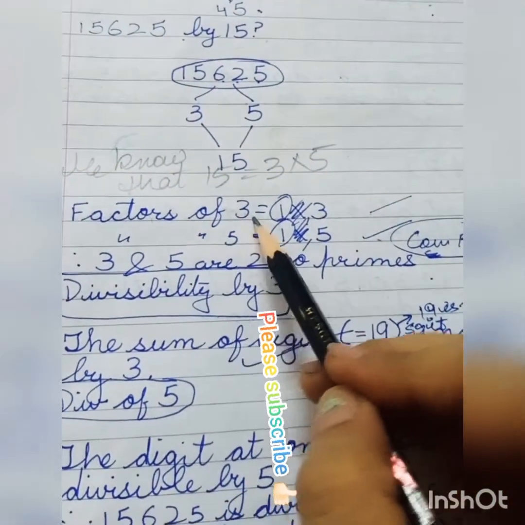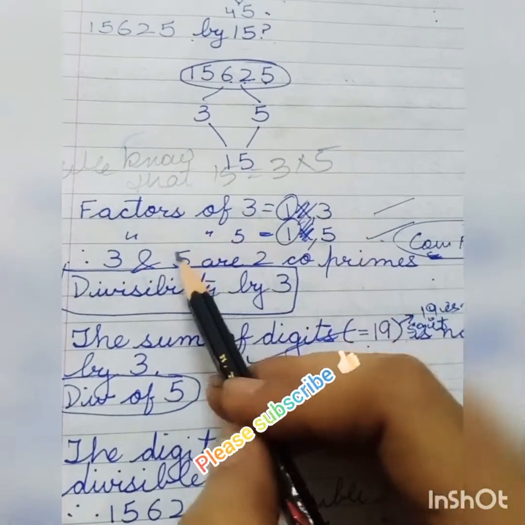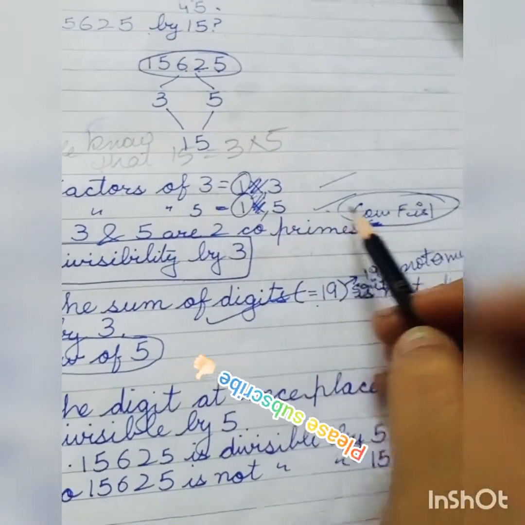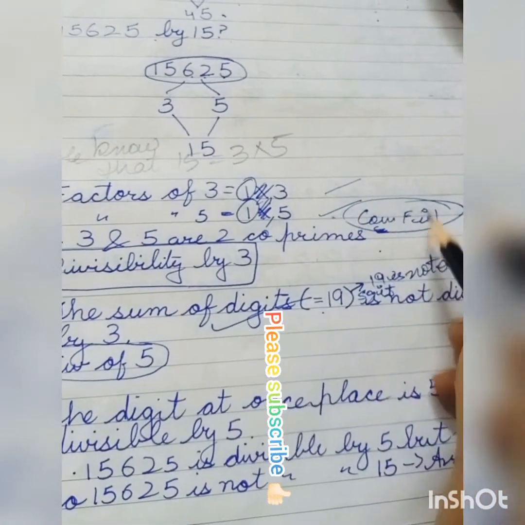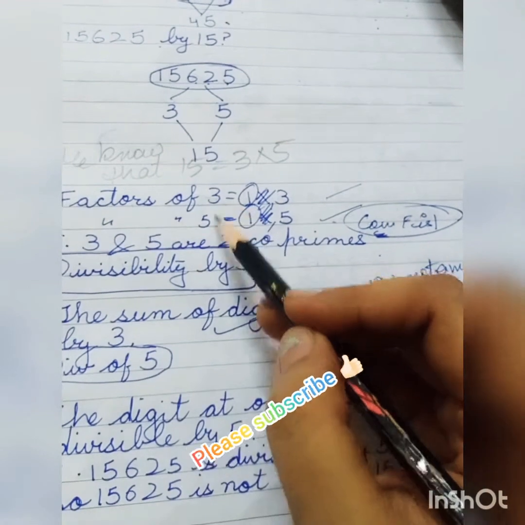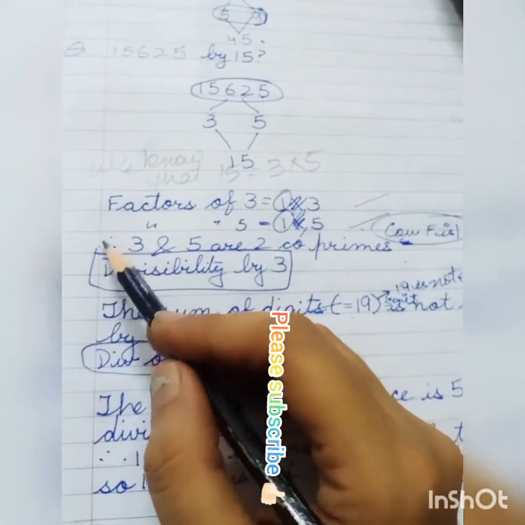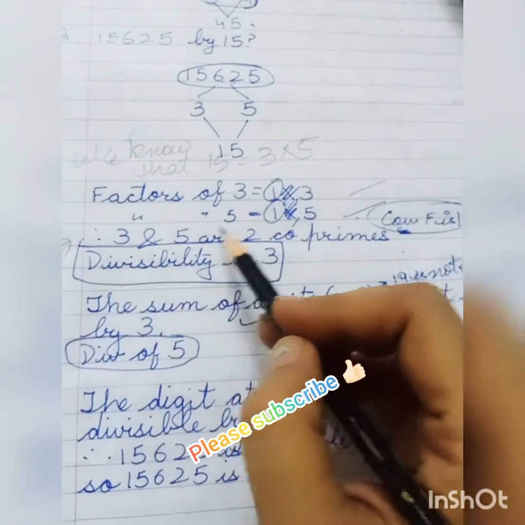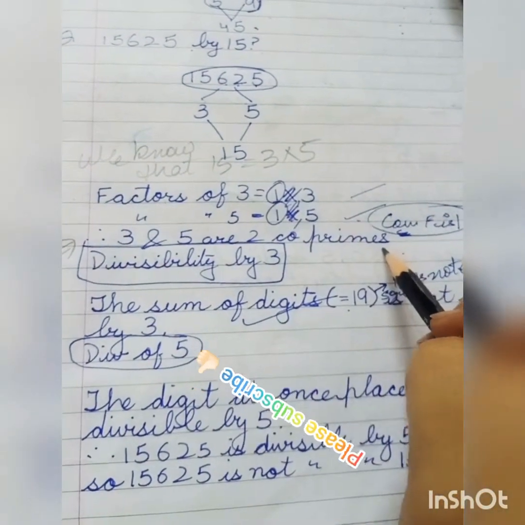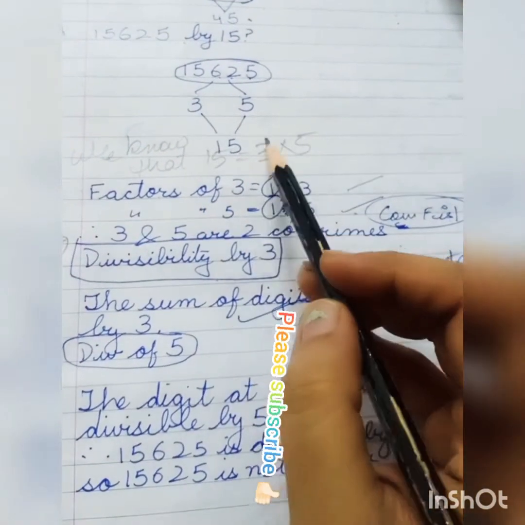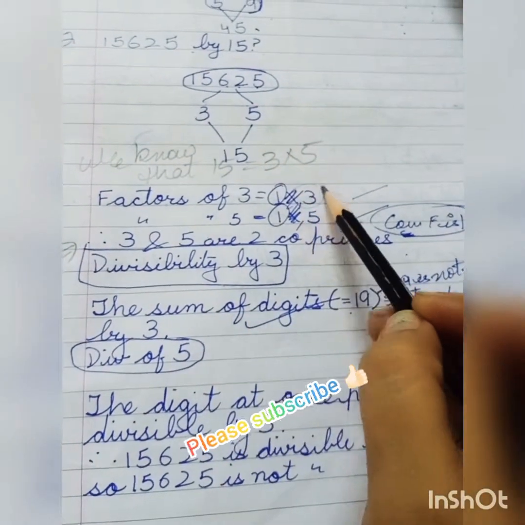Now what are the factors of 3? 1 into 3. Factors of 5 are 1 into 5. Then you will write the common factor, or common factor of 3 and 5 is 1. So this implies, or you can write therefore, that 3 and 5 are two co-prime numbers. Now we will first apply the divisibility test of 3.